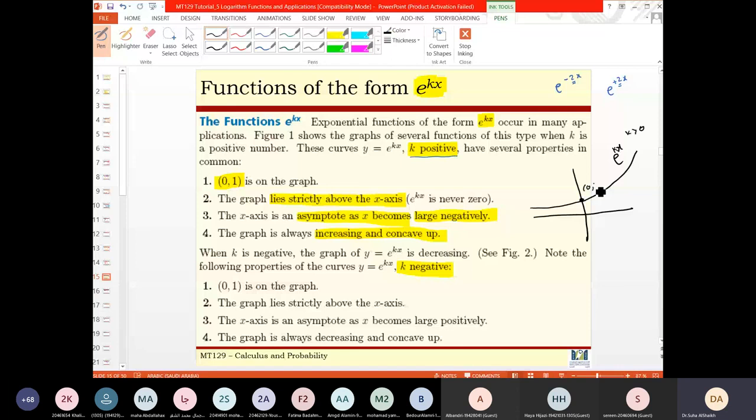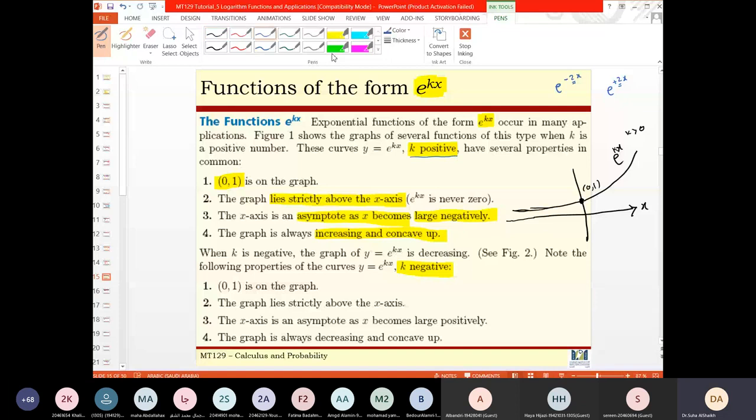All the time it passes through the point 0, 1. It is concave up. It is increasing. The x-axis is an asymptote, meaning my curve keeps getting closer to the x-axis as x is negative. This is how the graph looks.